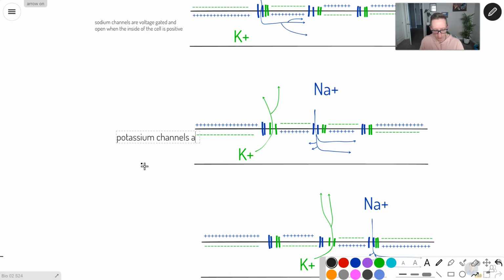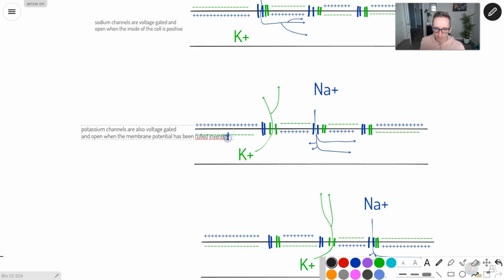Potassium, on the other hand, potassium channels are also voltage gated, and open when the membrane potential has been fully inverted or changed on both sides.